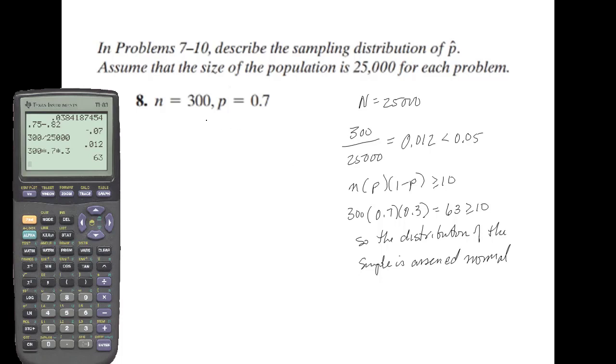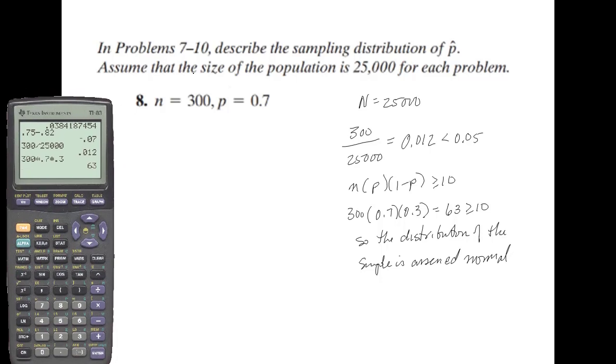Now we saw that in the video where the blocks were falling. We sampled 300. We only could sample 20, but when we sample 300, we get a really narrow distribution. So now they want us to find the parameters here. So mu of p hat is equal to p. You can find these on your formula sheet in Chapter 8, which in this case is 0.7.